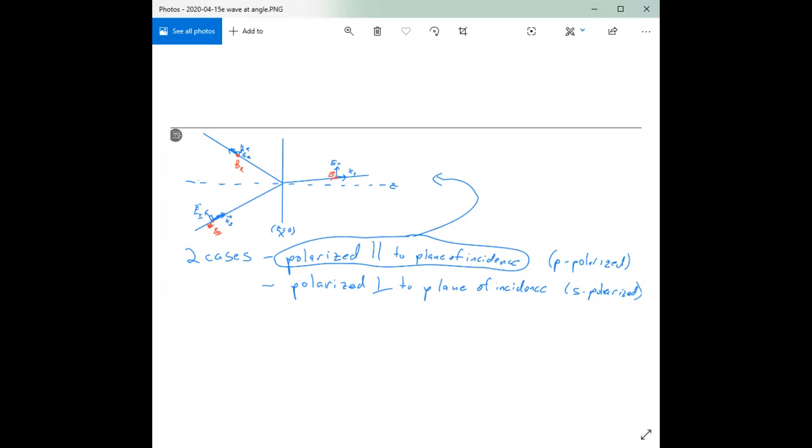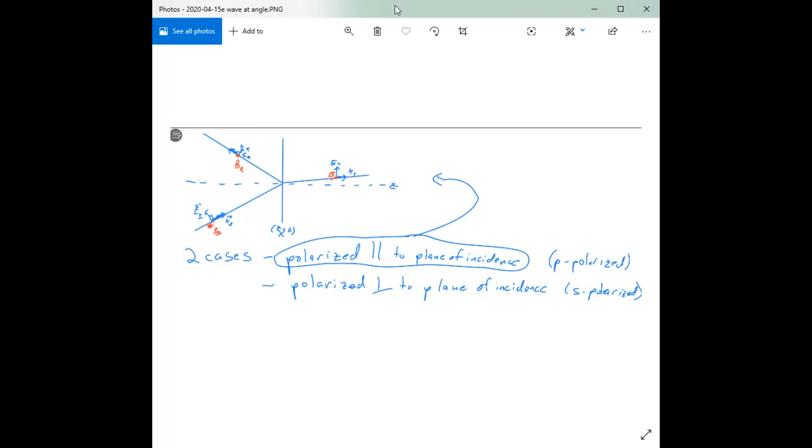On the other hand, our magnetic field is entirely pointing out of the screen, because that's the only direction that's orthogonal to both the wave vector and the electric field. So that right there will tell us which boundary conditions we can already start to apply, right? We don't have to worry about the y component of the electric field because the case we're looking at doesn't have one, so that boundary condition will tell us nothing. But we only have to look at the y component of the magnetic field because that's the only component there is.